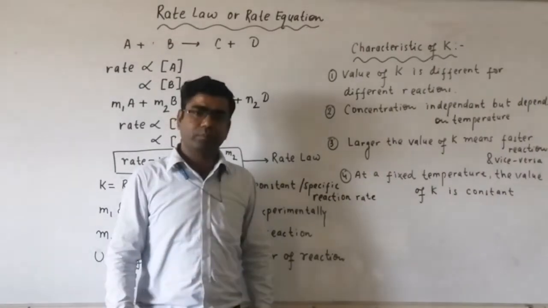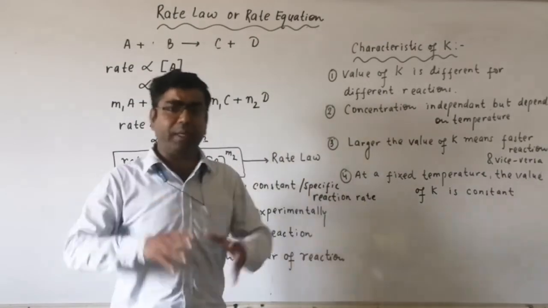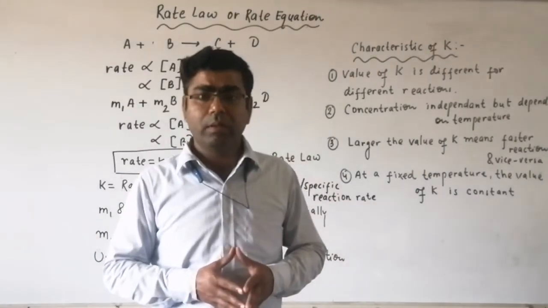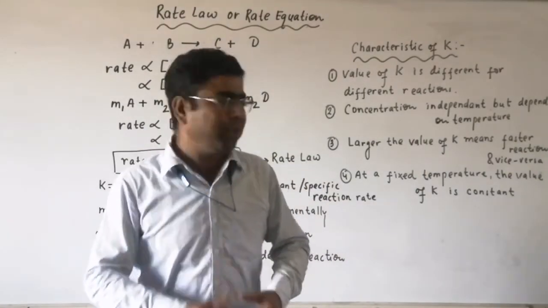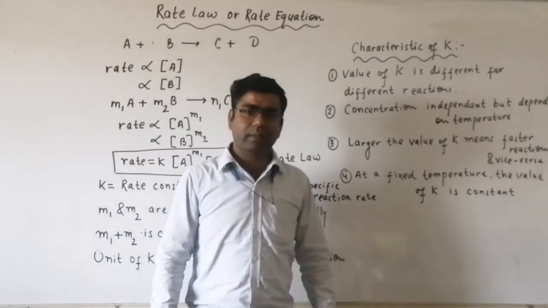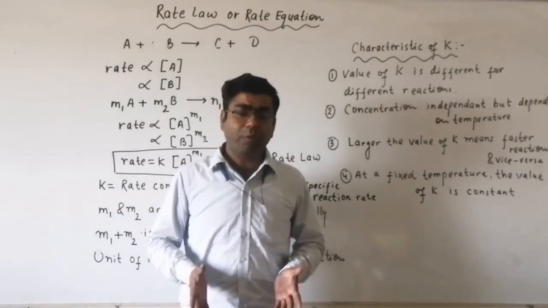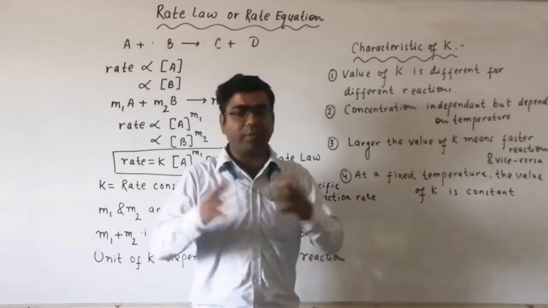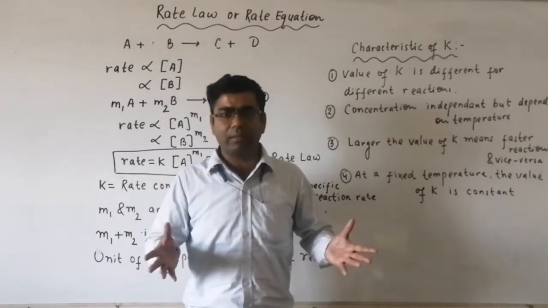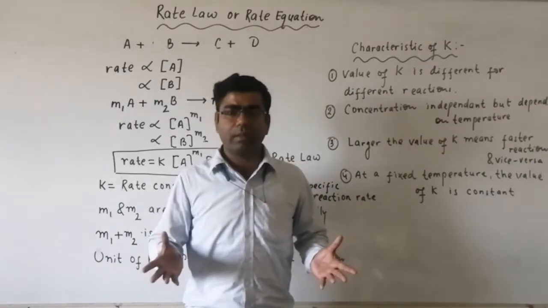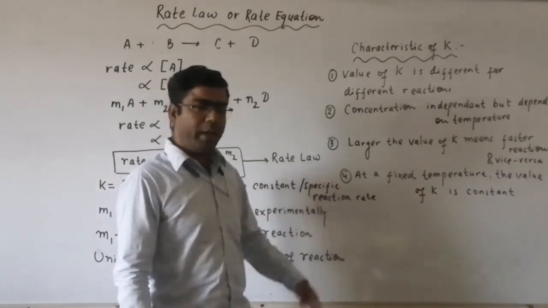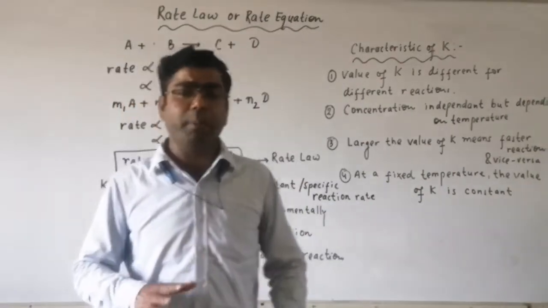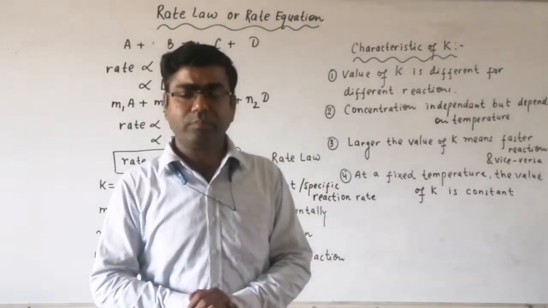Third point, the magnitude of K will decide whether the reaction will be fast or slow. Larger the value of K means faster reaction, if value of K is high, it shows the reaction will be faster, and vice versa. Low value of K means slow reaction. And the fourth point, at a fixed temperature, the value of K is constant for a particular chemical reaction.